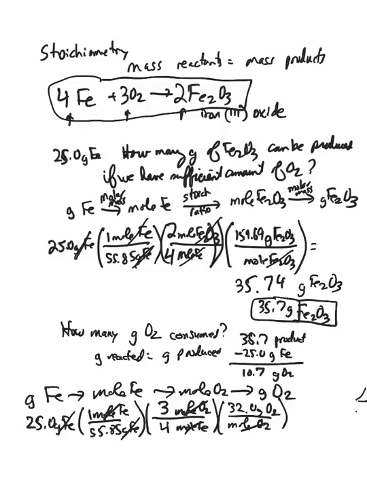So moles O2 divided by moles O2, that'll give me grams O2. So 25 divided by 55.85 times 3 divided by 4 times 32. And that gives me 10.7. Yay! And so that's how we did this problem of the combination of iron and oxygen to make Fe2O3.